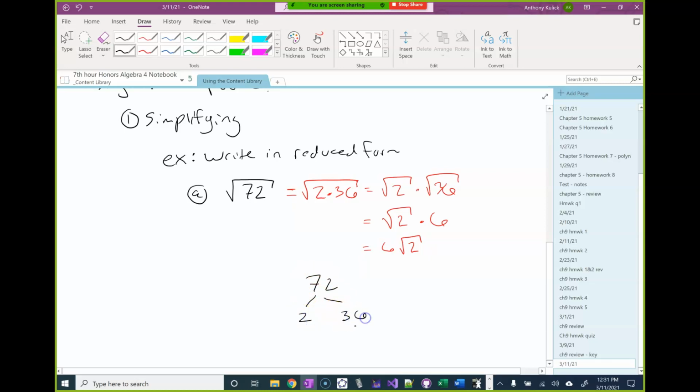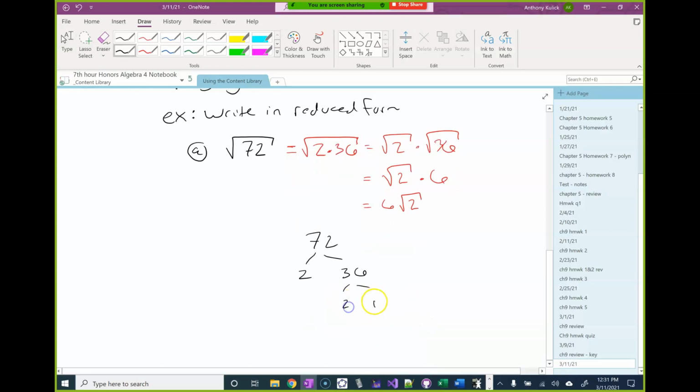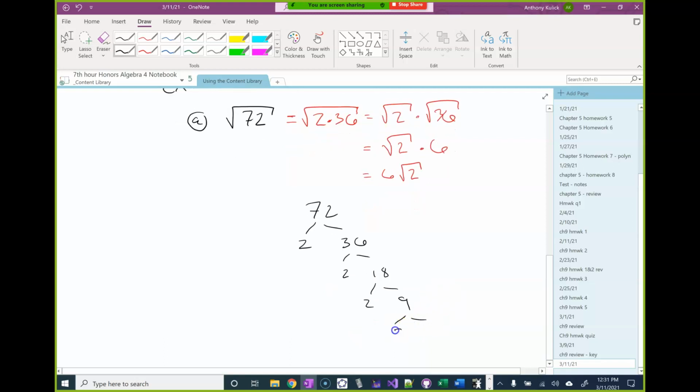So 72 is 2 times 36. And 36 is like 2 times 18. And 18 is like 2 times 9. And 9 is like 3 times 3. So I can go ahead and group these into pairs. And I have one 2 that can't be paired.